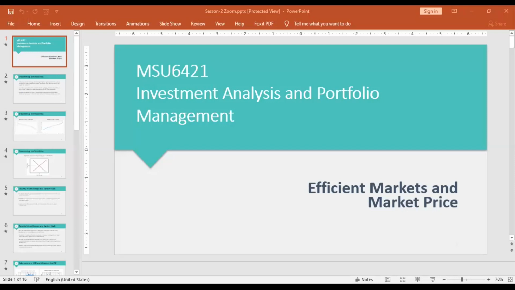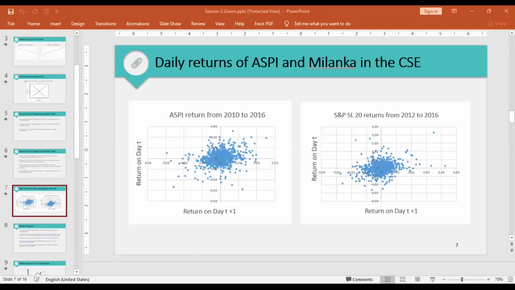These are actual data taken from the Colombo Stock Exchange. You are looking at ASPI, the All Share Price Index return, from 2010 to 16, and the other one is S&P SL 20, Standard and Poor's Sri Lanka 20, returns from 2012 to 16.